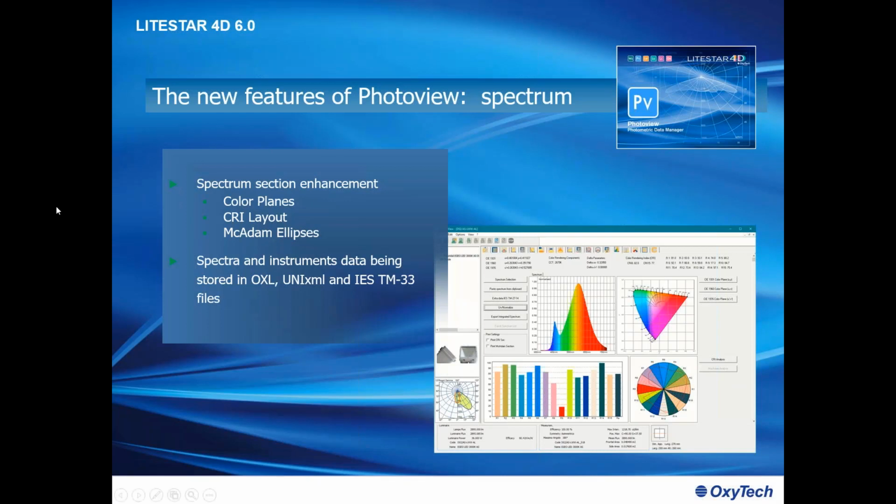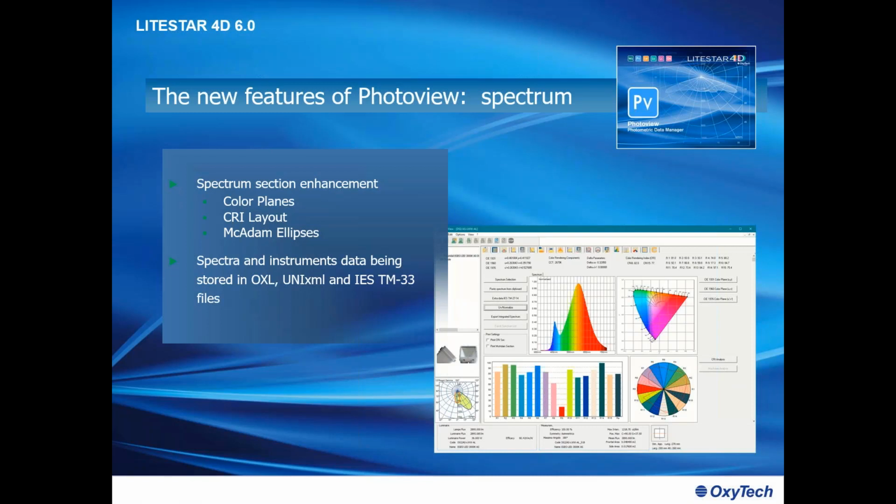The information related to the spectrum can be stored into the OXL file, but also, as we mentioned before, into the UNI XML and ISTM33 files. It means that if you consider how the laboratories are working now, we are really coming to the point where all the information can be packed in a single file.